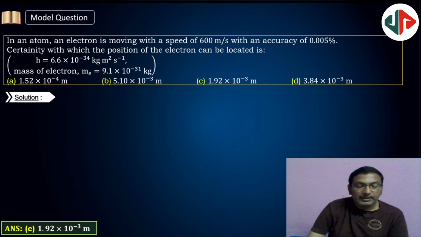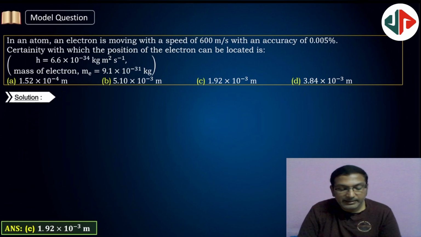In an atom, an electron is moving with a speed of 600 meters per second with an accuracy of 0.005%. Next, we should calculate the uncertainty in position.